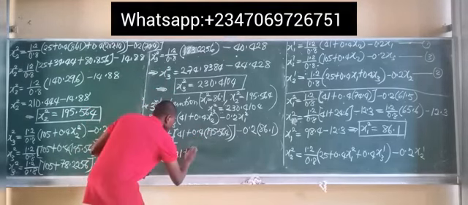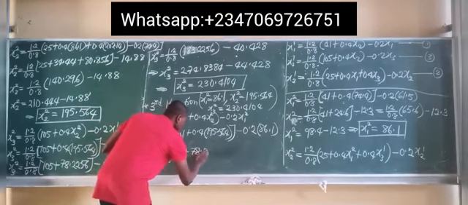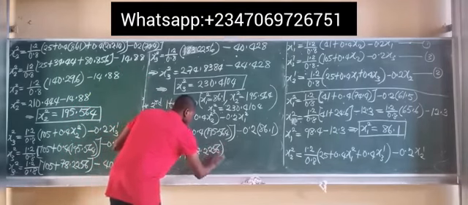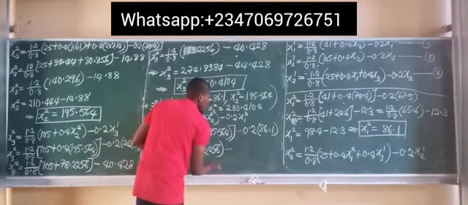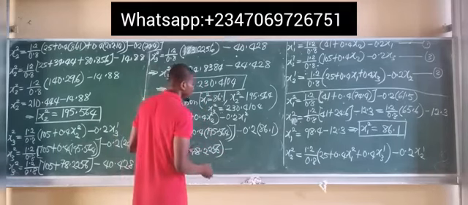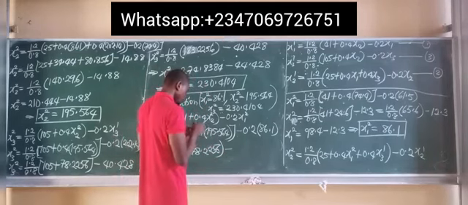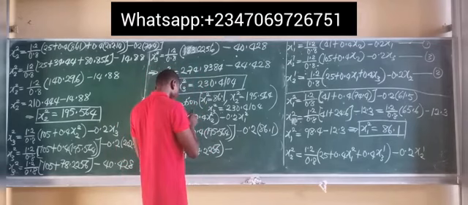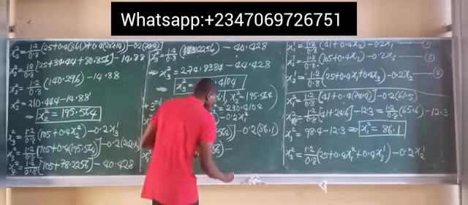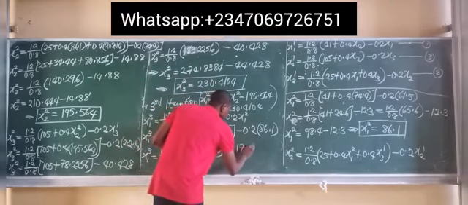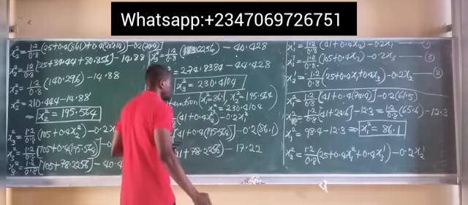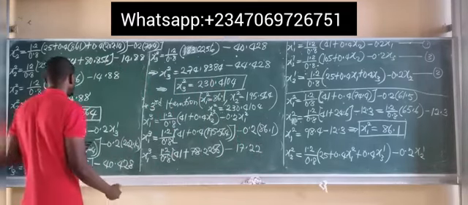We have 78.2256, minus, we also evaluate 0.2 multiplies 86.1. We have 17.22.